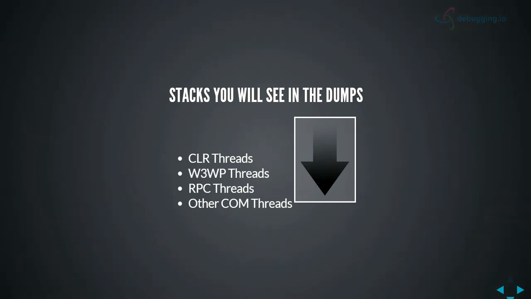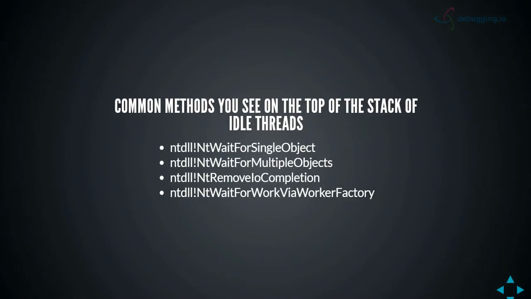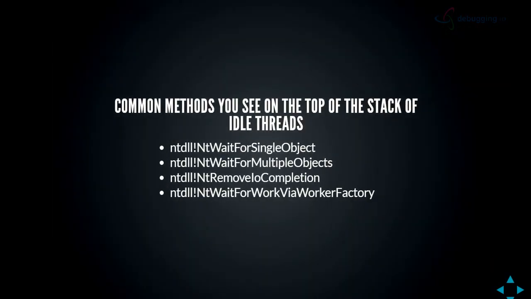Before looking at any stack, you will see these four functions. There are other functions also, but I have summarized the main four. You would see on the top of the stack ntdll NtWaitForSingleObject or NtWaitForMultipleObjects, and RemoveIoCompletion or WaitForWorkViaWorkerFactory.